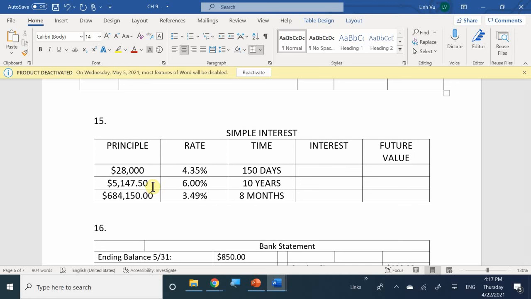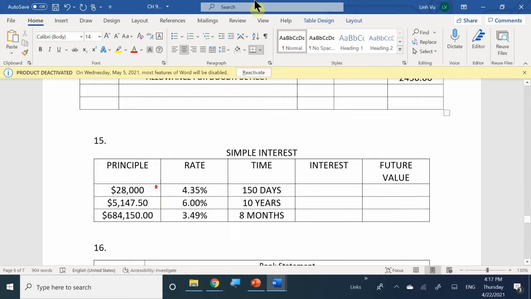So here, let's go ahead and deal with question number 15. Once again, we're taking a look at simple interest. I have an example here, $28,000 as a principal with a rate of 4.35% with a time of 150 days.